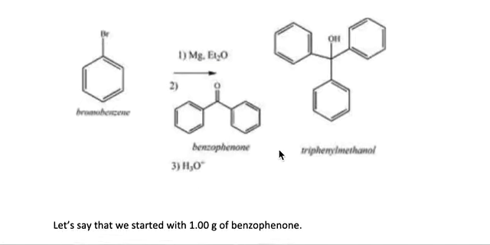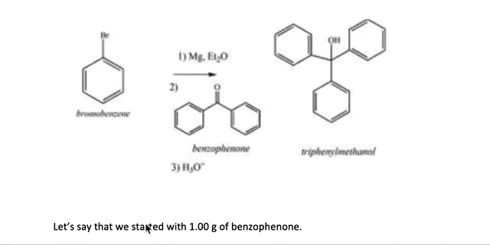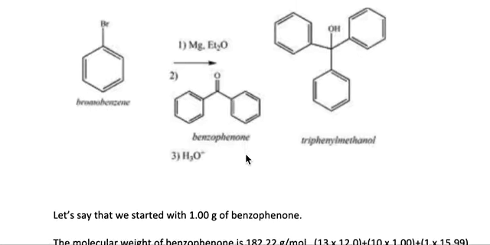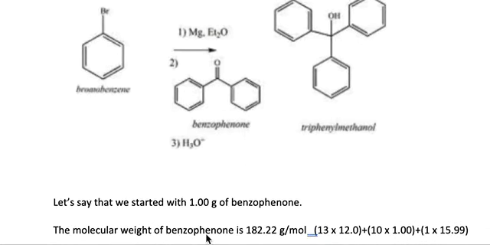So let's start here. Let's say that we started with 1 gram of benzophenone. We need to convert that to moles so that we can say, for every mole of benzophenone, we should make a mole of triphenylmethanol. How do we know how many moles of benzophenone is in a gram? Well, we need to know the molecular weight. And we can do that by looking it up, right?